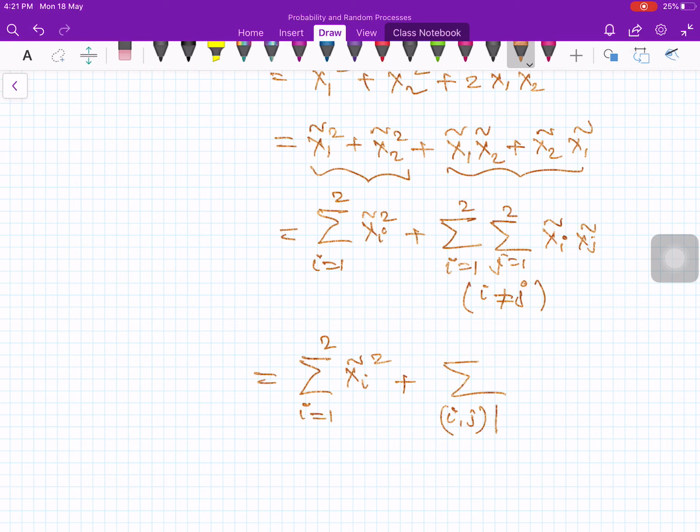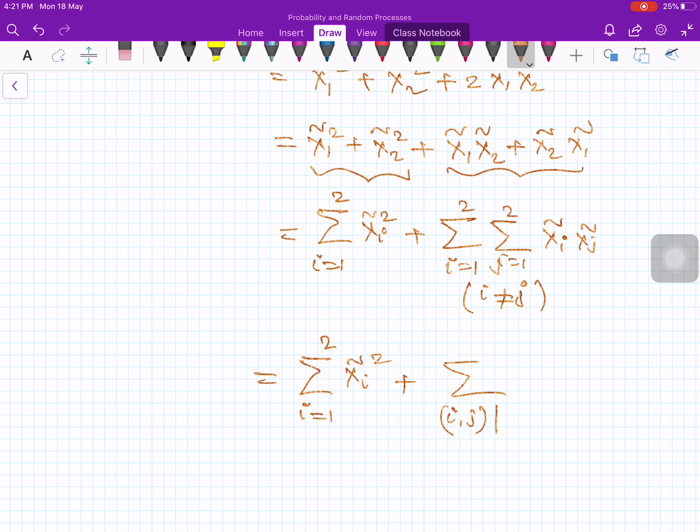You take all the combinations, so xi tilde and xj tilde. So either write in this form or in this form, both are the same notation. So this is for two random variables. On the left hand side, what you have is expectation of (x1 tilde plus x2 tilde) the whole squared. The two terms become the right hand side like this.